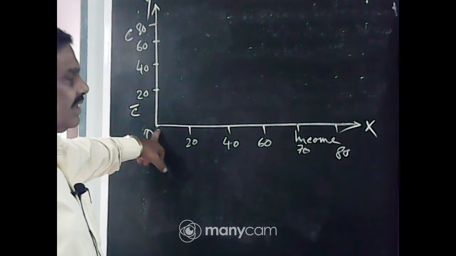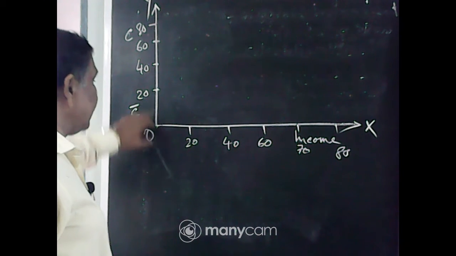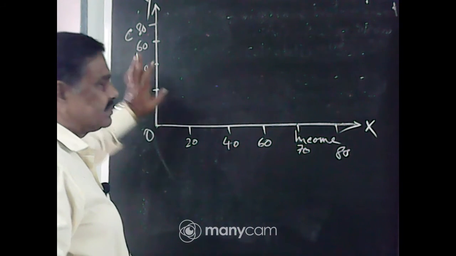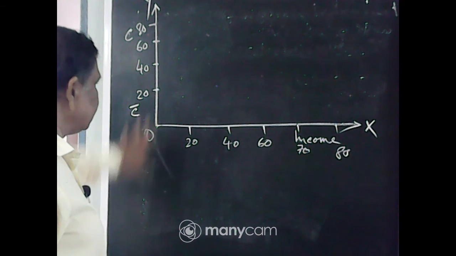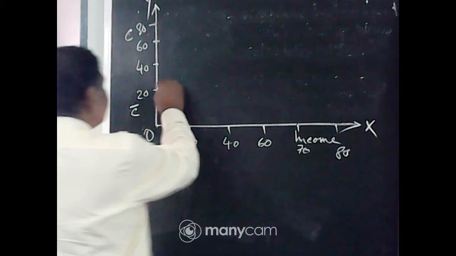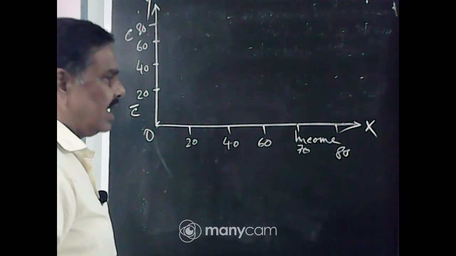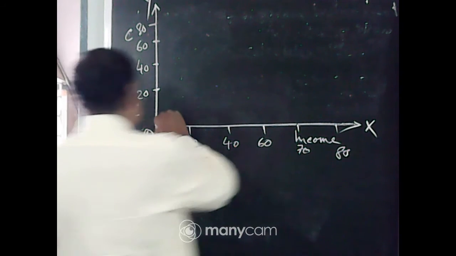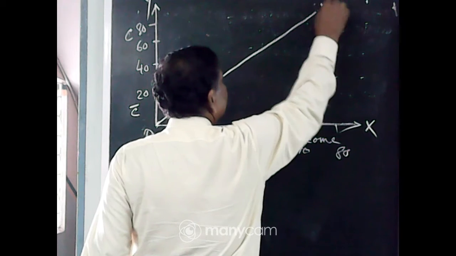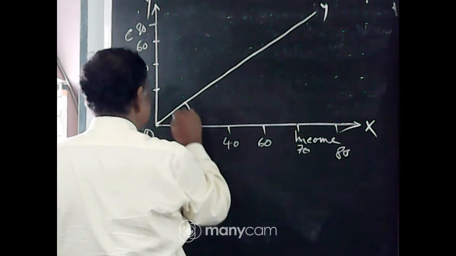Consumption curve never starts from 0. It starts from above 0. It may be 10, it may be 20, it may be 5, it may be 40, whatever it may be, but it must be a positive number. So the consumption curve starts from here, and the income curve, the Y curve, starts from 0, because with the increase of income, consumption increases proportionately.